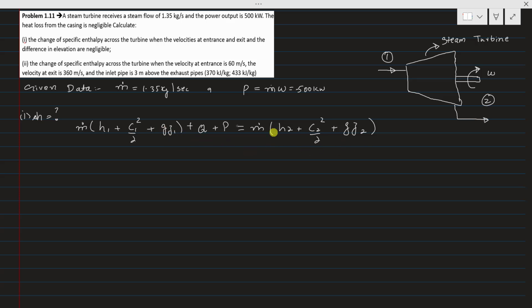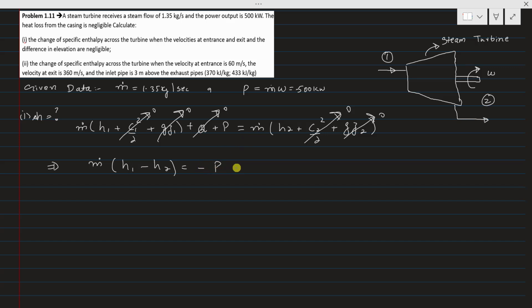So the elevation at inlet and outlet in the first condition is 0, and also the velocity at the entrance and exit is 0. The heat loss from the casing is negligible, so this is also 0. I can say that mass flow rate times H1, and this term shifts to that side and becomes minus H2, and plus P, the power of the turbine output. When it shifts to the right side, it becomes minus.